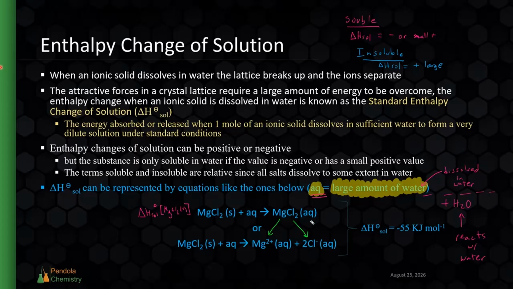So not MgCl2 aqueous, but Mg2+ aqueous, the ion of magnesium, plus 2Cl- aqueous, the 2 ions of the chloride here. These are both going to be the enthalpy change of solution of magnesium chloride, which just happens to be negative 55 kilojoules per mole, meaning that magnesium chloride is soluble in water.